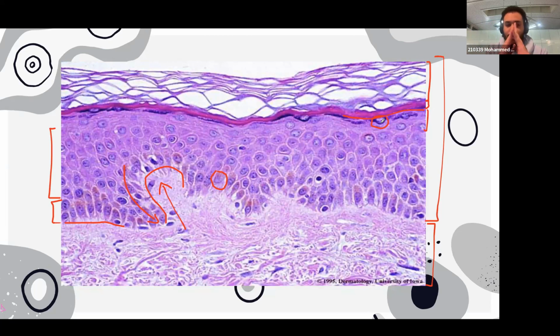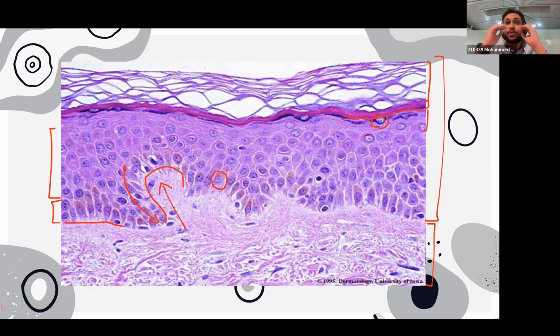Good? Okay. Now, as I said, the stratum corneum should have dead keratinocytes, meaning I'm not going to see any nuclei. If you have an increase in size of the stratum corneum with nuclei, what do I call this? Parakeratosis. Okay? Moving on.